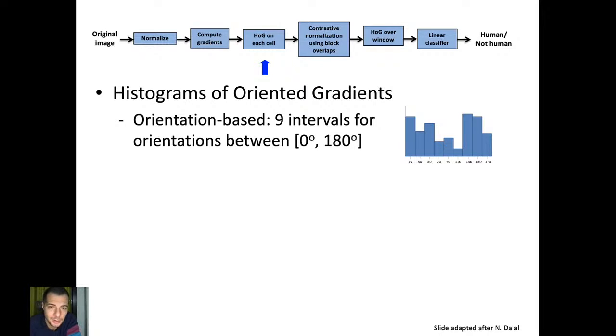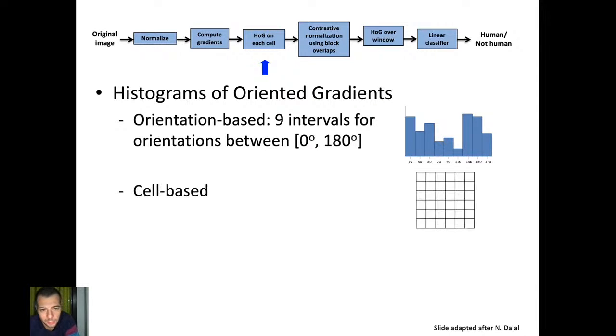So it divides the interval between 0 and 180 into 9 sub-intervals, and they consider each orientation to be equivalent with the one that is opposite, at 180 degrees. So the orientation space is all projected to this orientation.